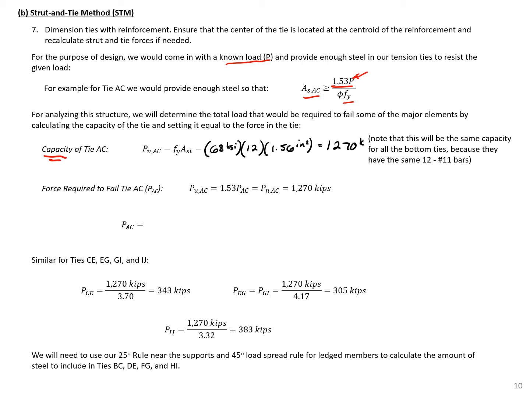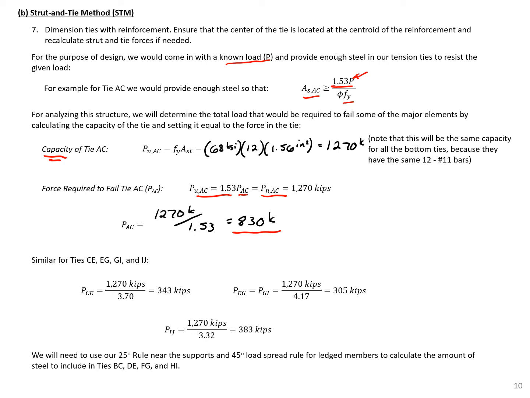So next, to find the force required to fail this tie, we're going to set our capacity equal to our demand and solve for this load P. So our P then is going to be equal to 1,270 kips divided by 1.53, which equals 830 kips. So this means that it would take 830 kips applied at each of our load points to fail our tie AC as it's currently designed.